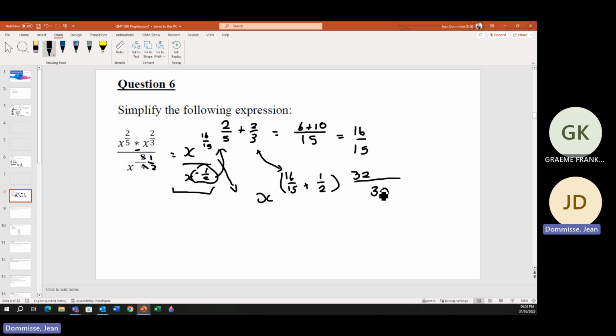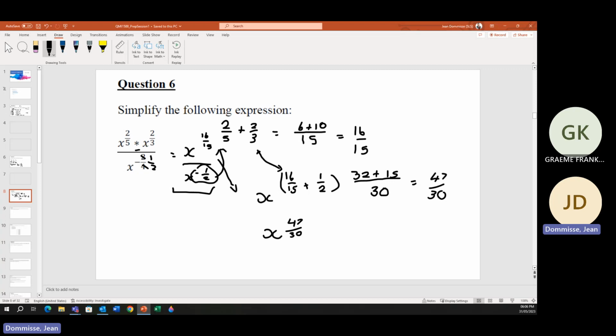Then from 2 to 30 is times 15. So 1 times 15 is 15. So that will become 47 over 30.